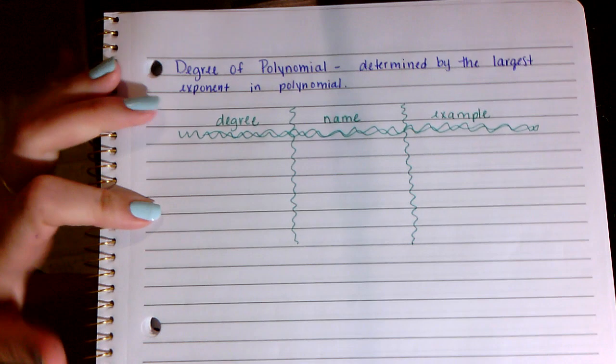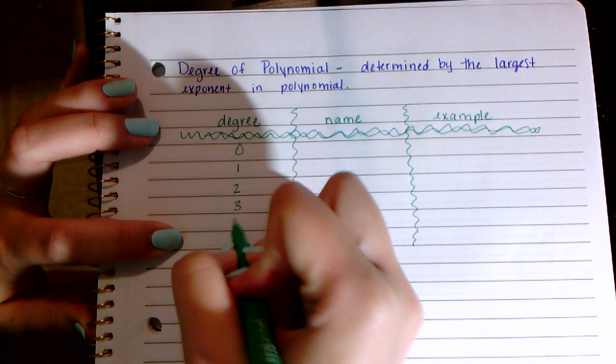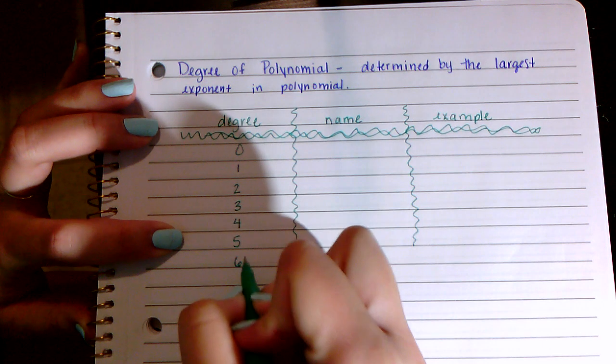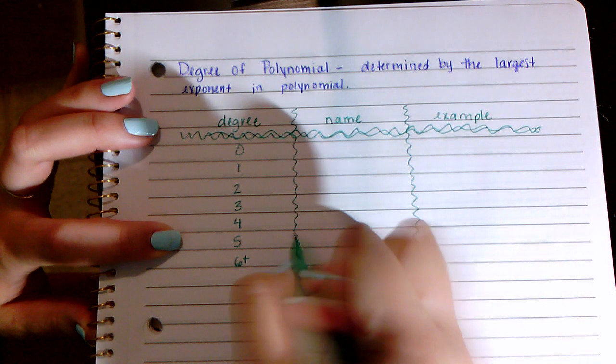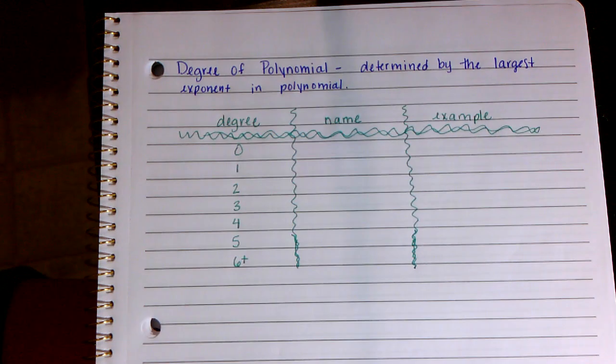For your degrees, I want you to go from 0 to 6. So 0, 1, 2, 3, 4, 5, 6. Okay, and then I'm going to show you the names of them and some examples.